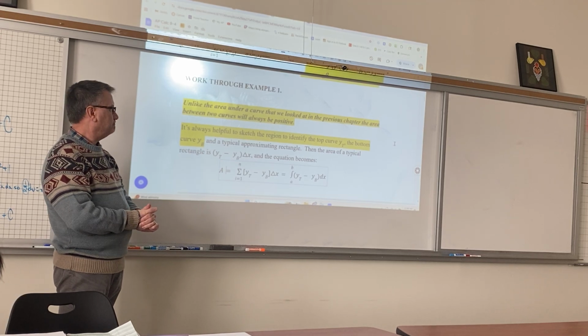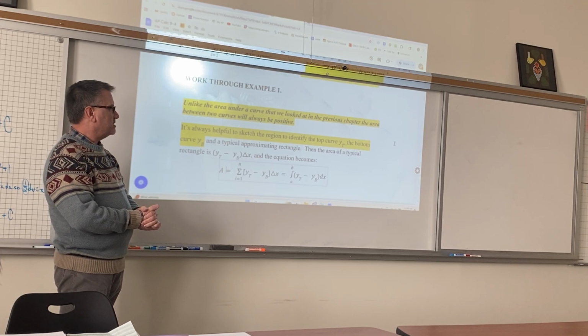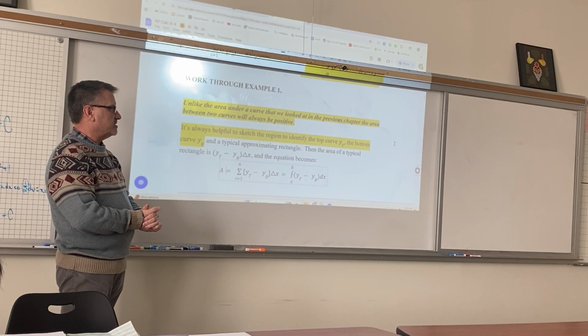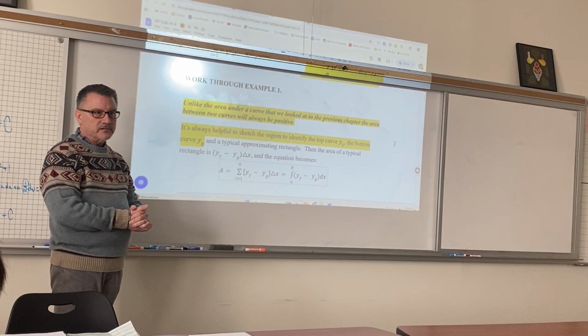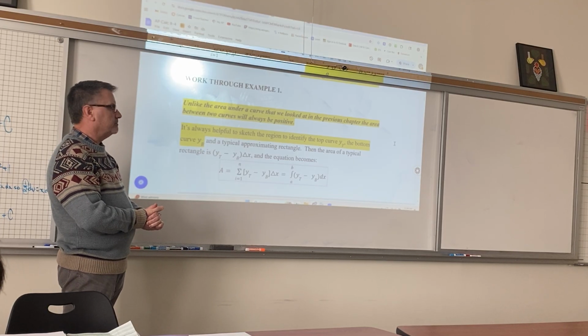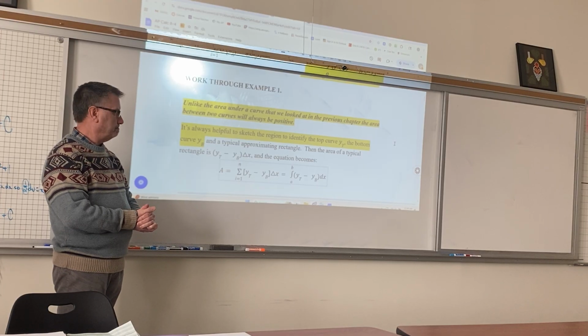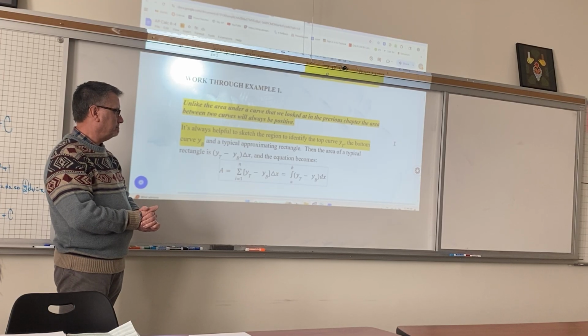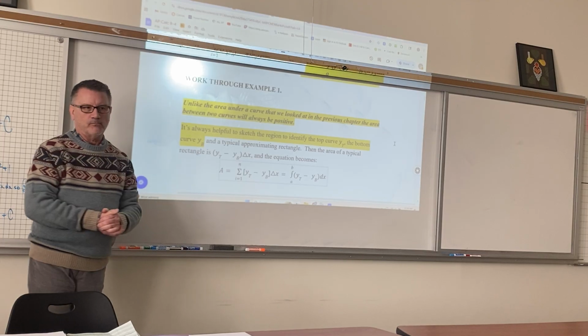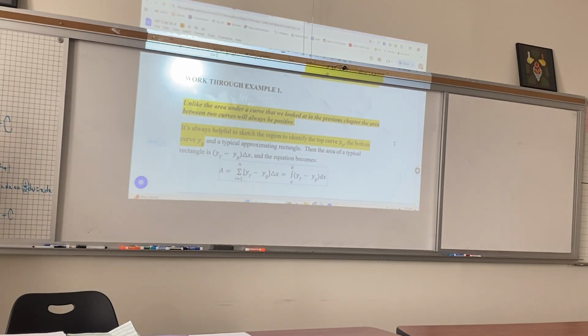That's it. Now I suggest it's always helpful to sketch the region so you can figure out which is the top curve, because you want to do the top one minus the bottom. So here is the area formula between two curves, which will always be positive.